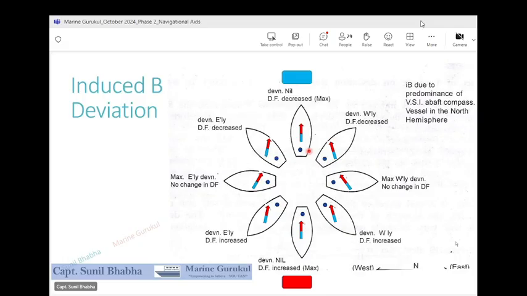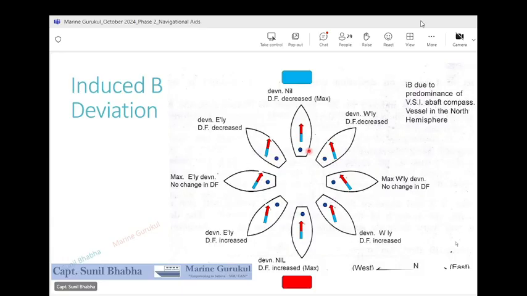And thirdly, the funnel is also located very close to the compass. The top of the funnel is almost in level with the compass card. And being the largest structure and also being very close to the compass as compared to maybe the forward mast or the cranes, it gives us the most predominant effect.